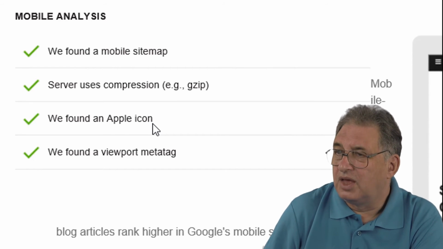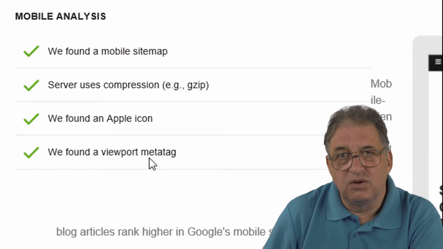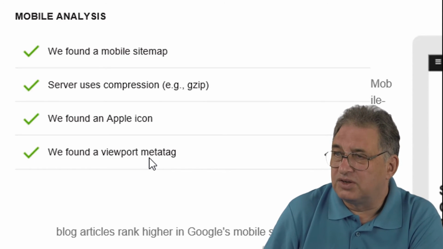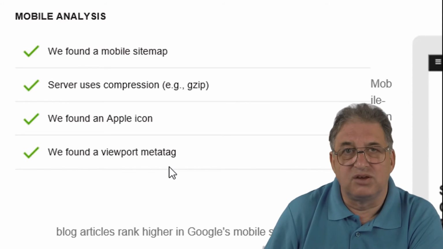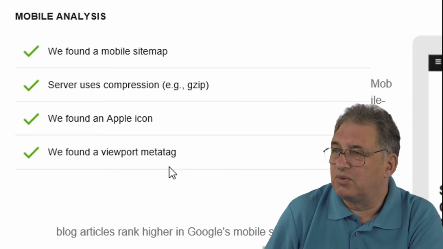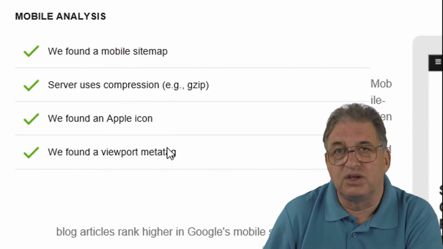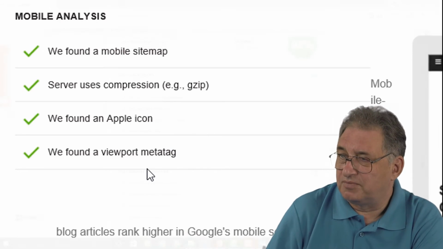And also in this case I got a tick because it found what's called a viewport meta tag. Again, you don't have to worry about that, but you just need one. And if you're using WordPress and a responsive WordPress theme, if that doesn't make any sense, check out my WordPress courses. But a responsive WordPress theme will basically just take care of all this stuff for you, and you don't have to worry about it.